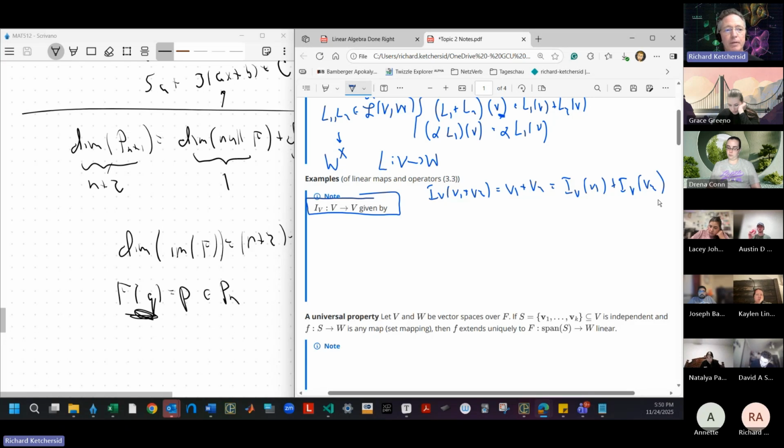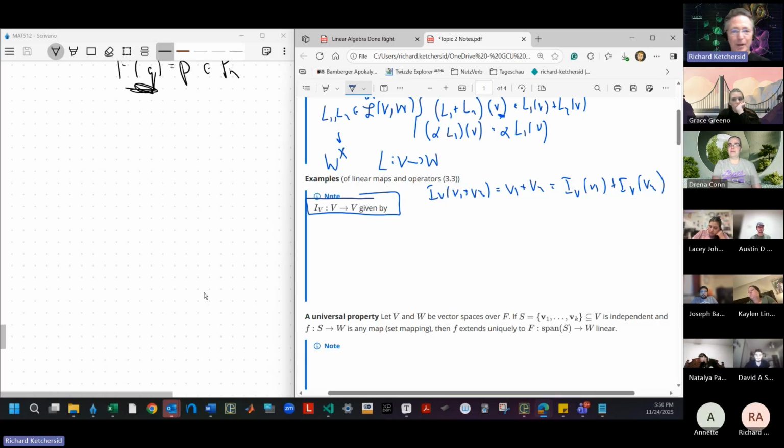What are some other good examples of linear maps? I want everyone to give me an example. So Drina, what's an example of a linear map? Just go around. An example of a linear map. You put me on the spot and my mind went blank. I did.